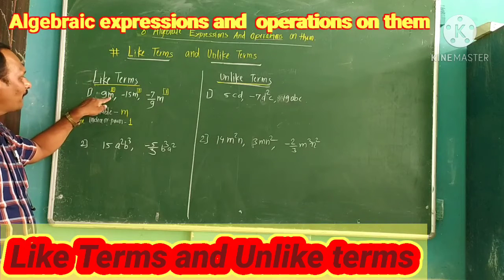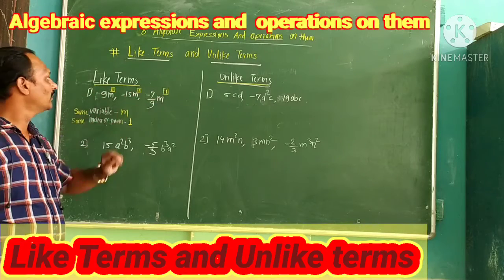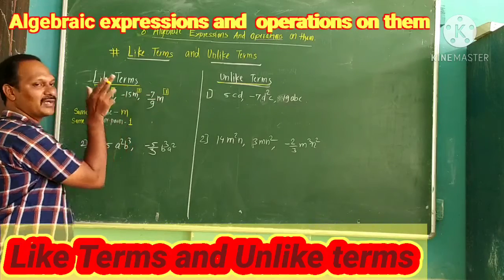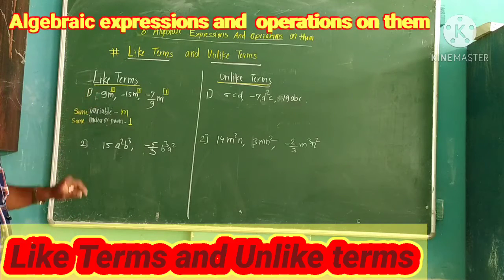Now you see 9m, same variable, same index. So all these terms are called like terms. It is very important for the next point.